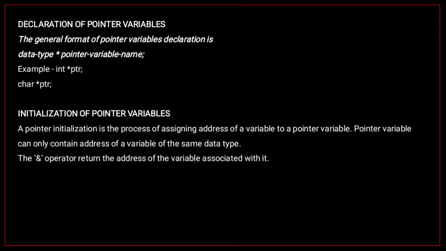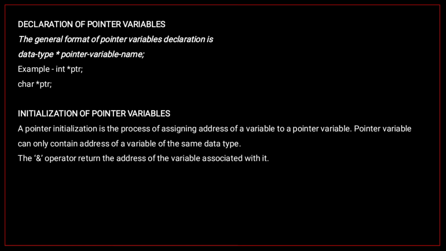Next is initialization of pointer variables. A pointer initialization is the process of assigning address of a variable to a pointer variable. Pointer variable can only contain address of a variable of the same data type.